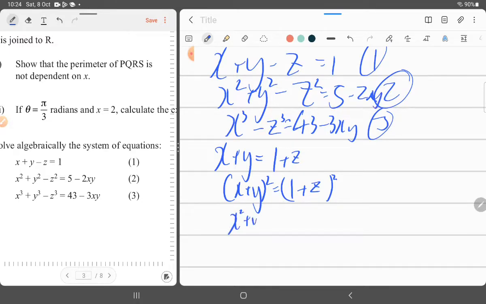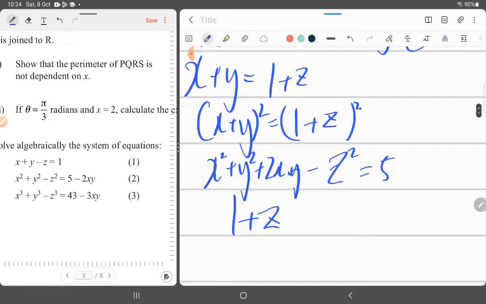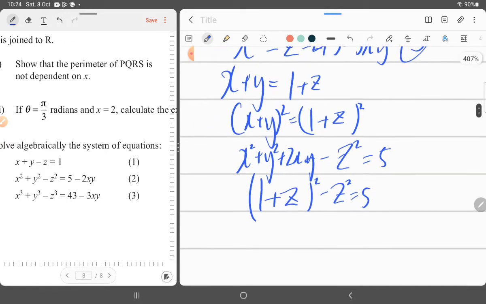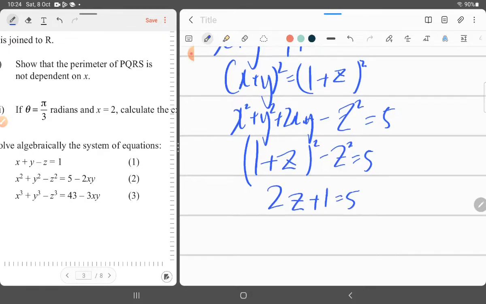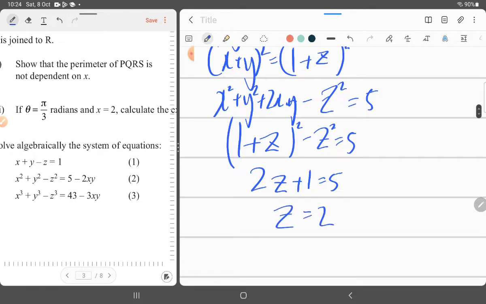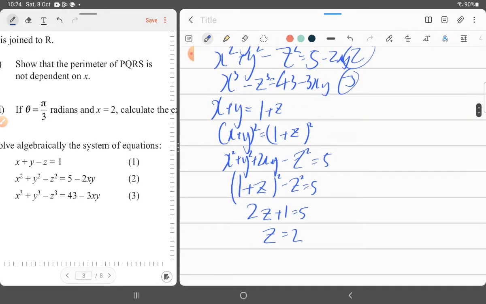So x squared plus y squared plus 2xy, take away z squared is equal to 5. 1 plus z all squared take away z squared is equal to 5. 2z plus 1 is equal to 5. z is equal to 2. Did I miss any other plus or minus sign somewhere? Does not seem like it.